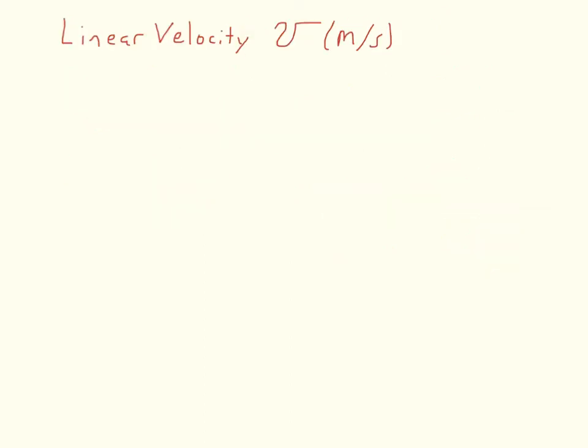Oftentimes we need the linear velocity, for instance, in the calculation of the Reynolds number. So we just take our volumetric velocity, or flow rate, and divide it by the cross-sectional area of the pipe. So we have 1.17 times 10 to the minus 2, that would be cubic meters per second, and we divide by the cross-sectional area.